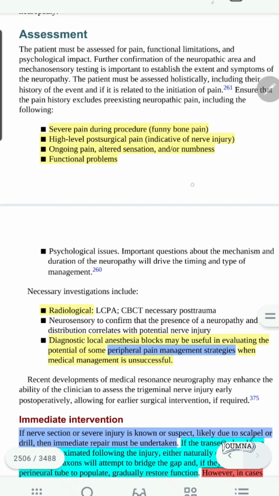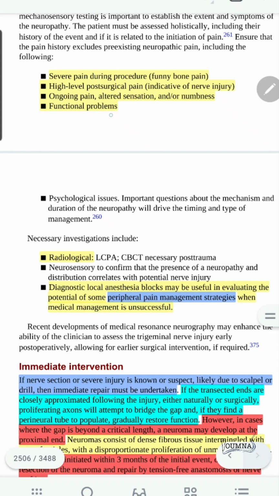What are the signs that make us suspicious that there is a nerve injury? Severe pain during the procedure, a high level of post-surgical pain, ongoing pain, altered sensation and numbness, and functional problems, which means muscular problems.